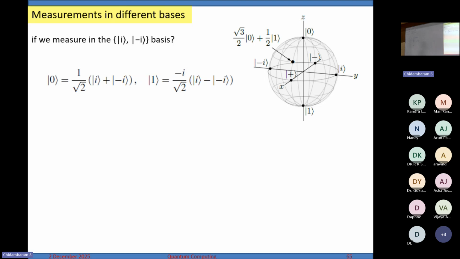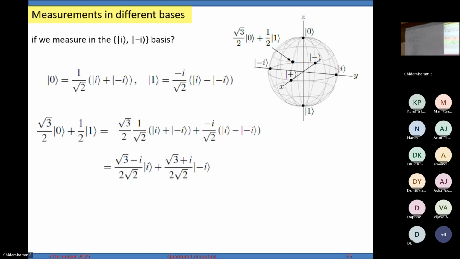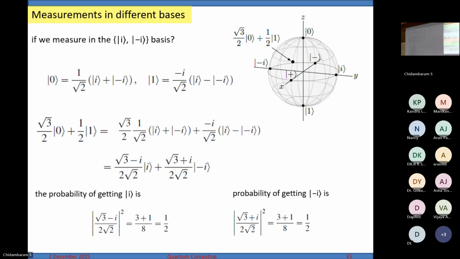What about ket 1? Minus i by root 2 ket i minus ket minus i. Now you substitute. Yeah, so the probability of getting i is the square of this. Probability of getting minus i is the square of this. Right.